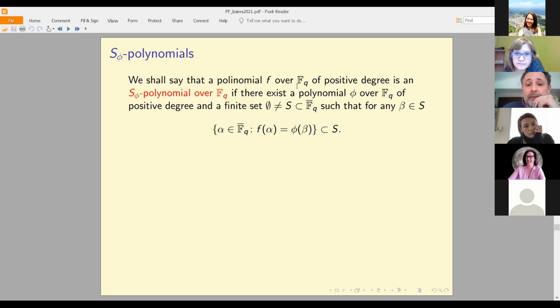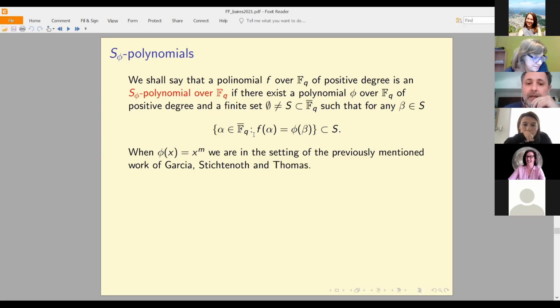You take a polynomial of positive degree, and you say that this is an S-phi polynomial if there exists a polynomial over F_q and a finite subset S of the algebraic closure of F_q, such that for any beta in S, the roots alpha of f(alpha) equal to phi(beta) are again in S. That's exactly the property asked by Garcia, Stichtenoth, and Thomas in the case that phi is x to the n. So this is a slight generalization of the condition asked by Garcia, Stichtenoth, and Thomas.